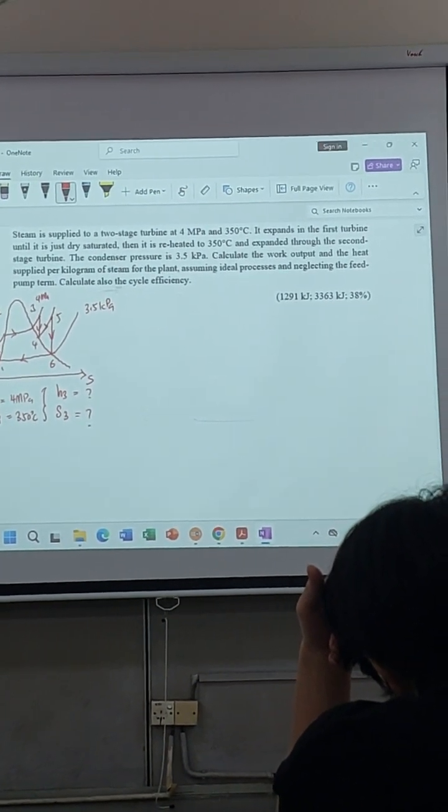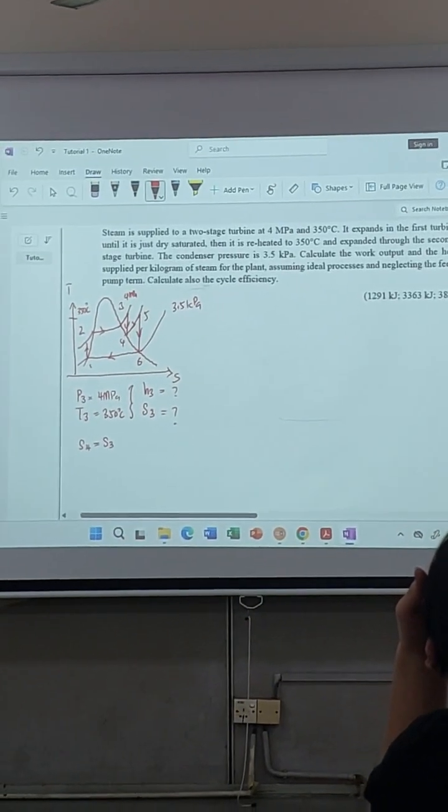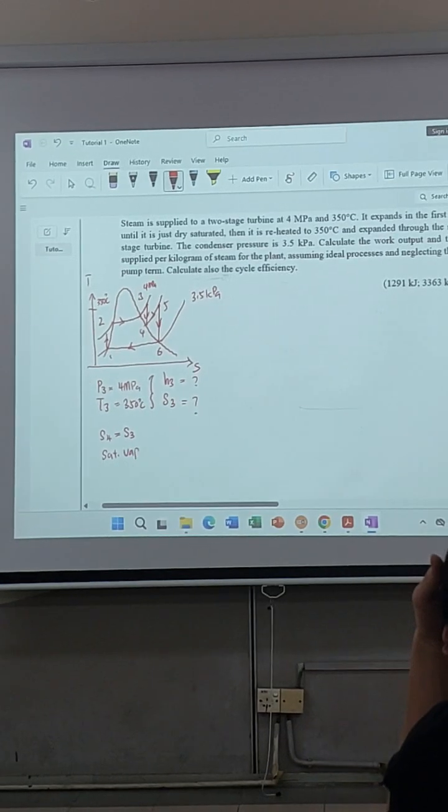For state 4, we know that S4 equals S3. This time we do know one additional piece of information: this is saturated vapor.